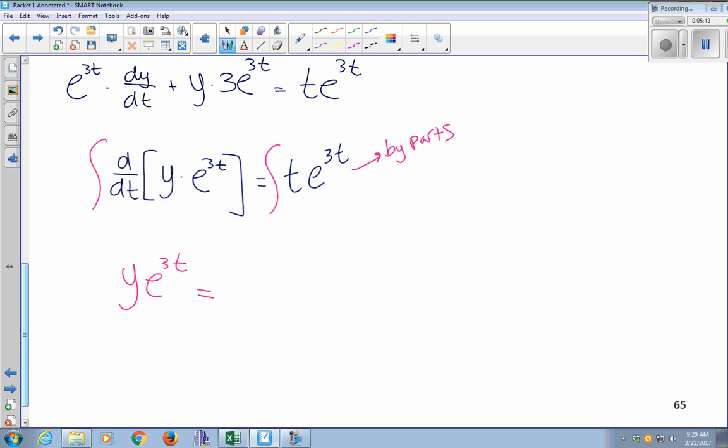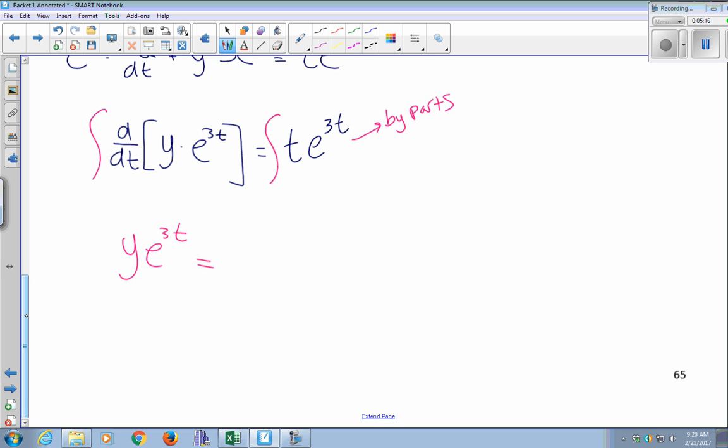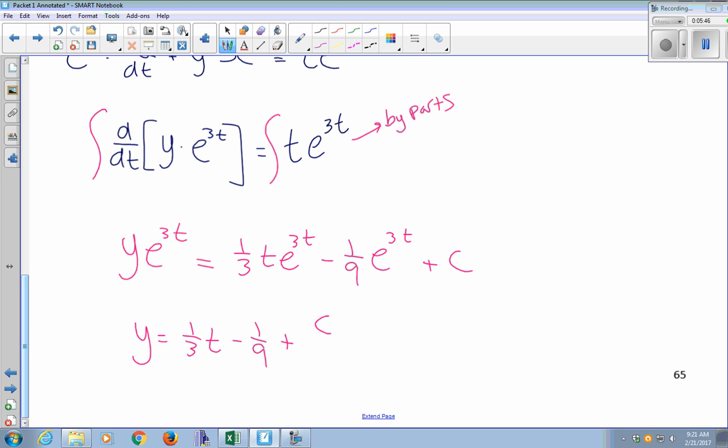We can go over it afterwards, but I'll just write down the integral. It comes out to 1/3 t e to the 3t minus 1/9 e to the 3t plus c. The last thing we do is solve for y. Divide both sides by e to the 3t, and we have our solution: y equals 1/3 t minus 1/9 plus c over e to the 3t.